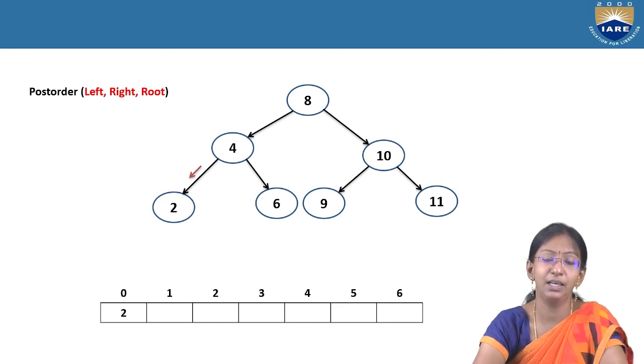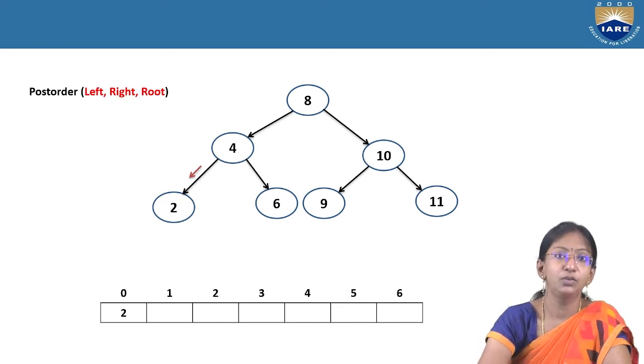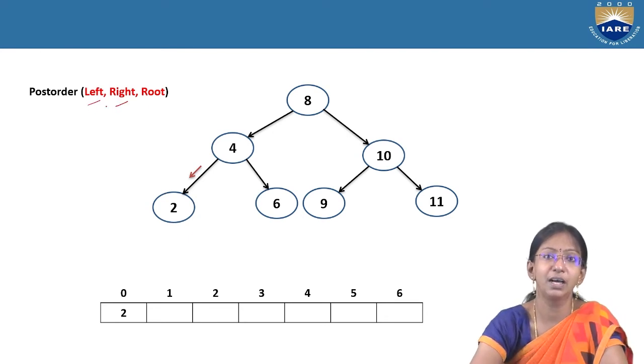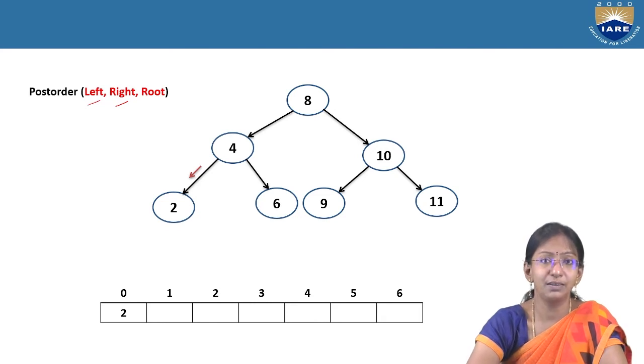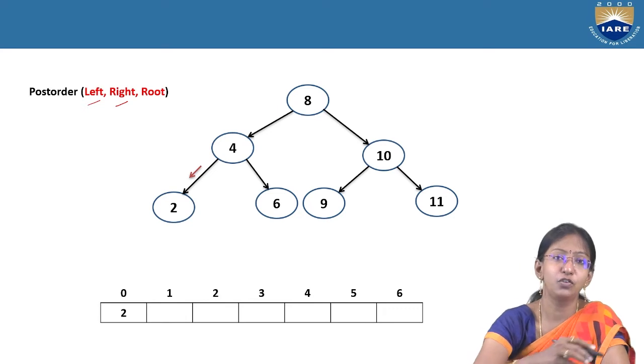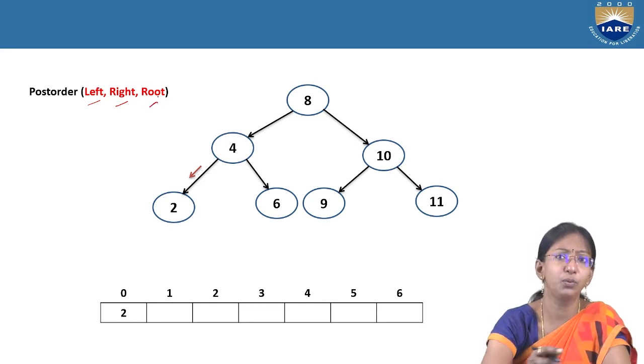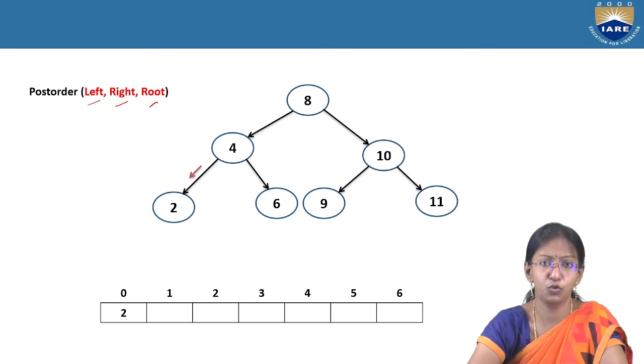Is 2 having any left? No. So I cannot travel towards left, and I'm going to try to travel towards right. Is 2 having any right child? No. As 2 has no left or right child left to traverse, I'm going to print the root. So 2 is stored as the first element of my post-order traversal.